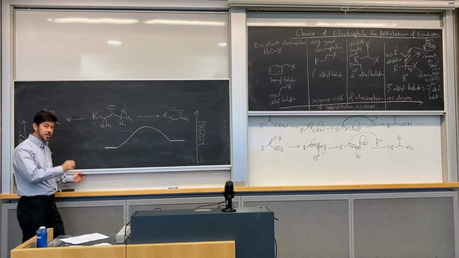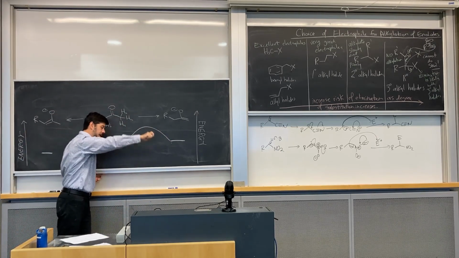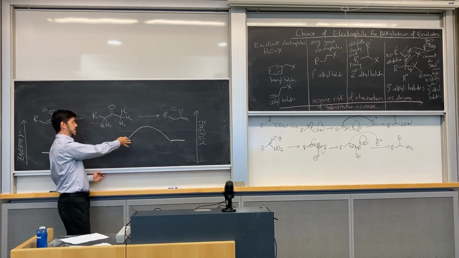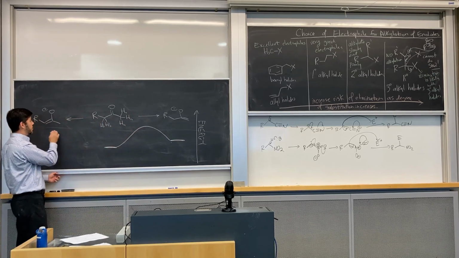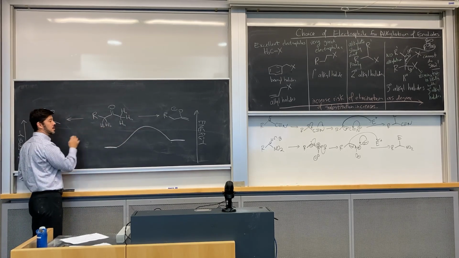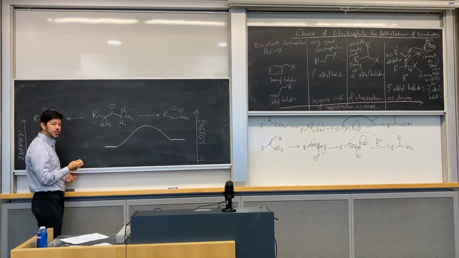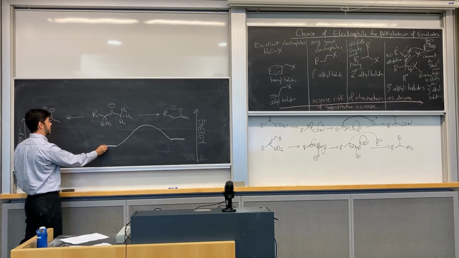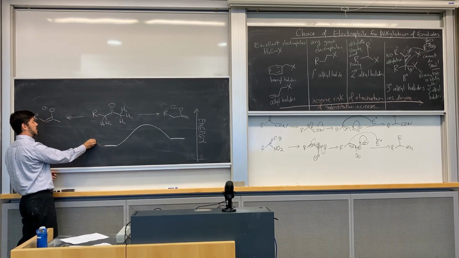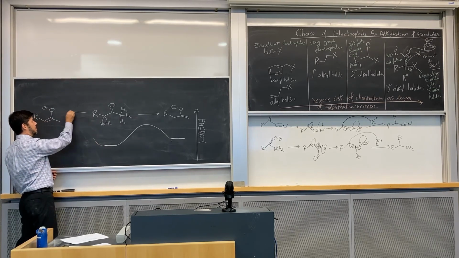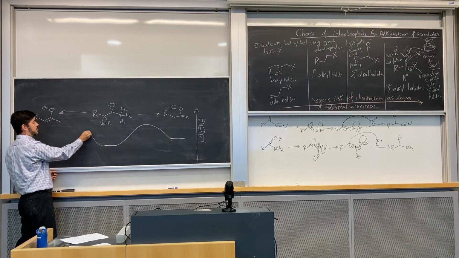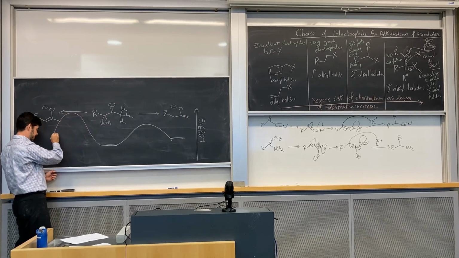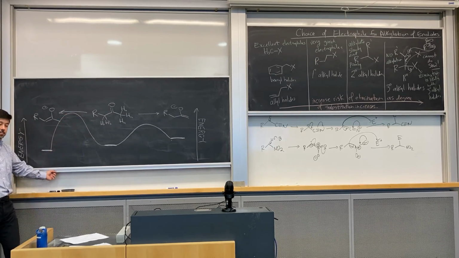There's going to be some hump you have to overcome to take that proton, and it's going to look something like this. In contrast, if you want to remove these protons here, it's going to require a little more energy because you have this R group that's in the way. From an energetic standpoint, I'll just move this arrow, because it's going to require more energy, and it's going to look like this.